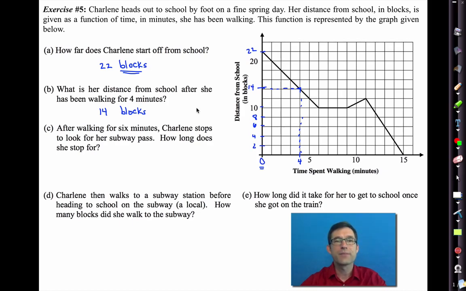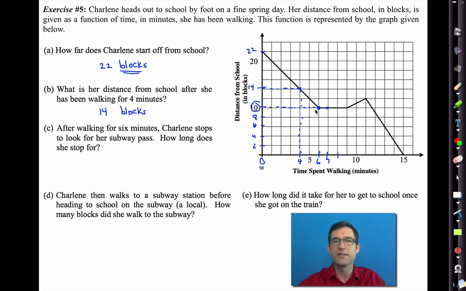Letter C. After walking for 6 minutes, Charlene stops to look for her subway pass. How long does she stop for? All right. Well, here's our 6-minute time. Now, how can I tell that she's stopped, right? I can tell that she's stopped because at 6 minutes, she's 10 blocks away from school. At 7 minutes, she's 10 blocks away from school.